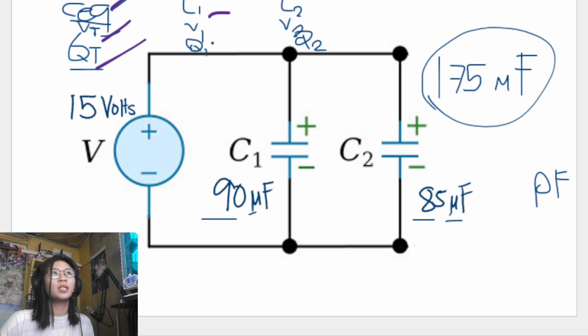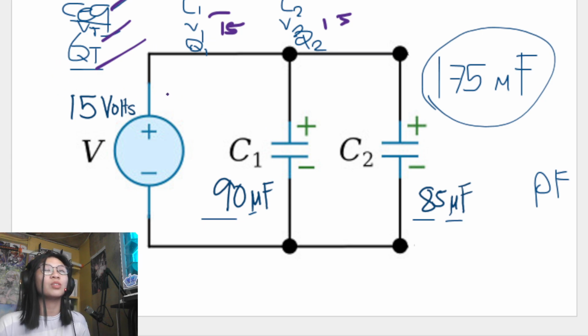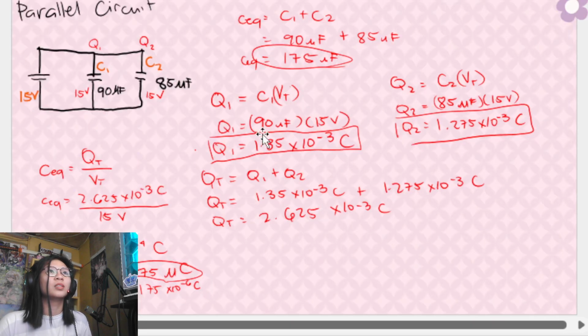For C1, whatever the VT is, that is 15 volts, that is also V1 and V2. Therefore, using the same formula you used to get your QT, you get their individual charges. So that will be 90 microfarad multiplied by 15 volts.